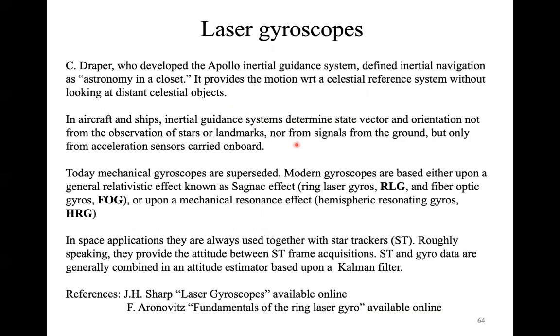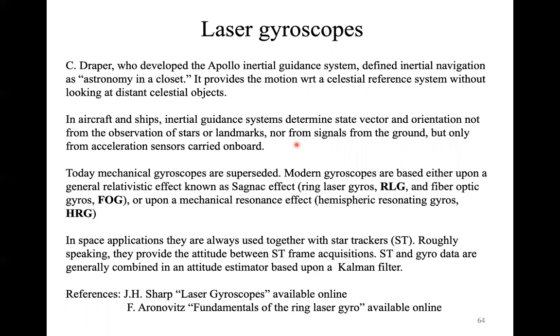Okay, so let's start the other important sensors that you have for inertial orientation, for a spacecraft that has to know its orientation with respect to the inertial reference frame, and those are the gyroscopes.